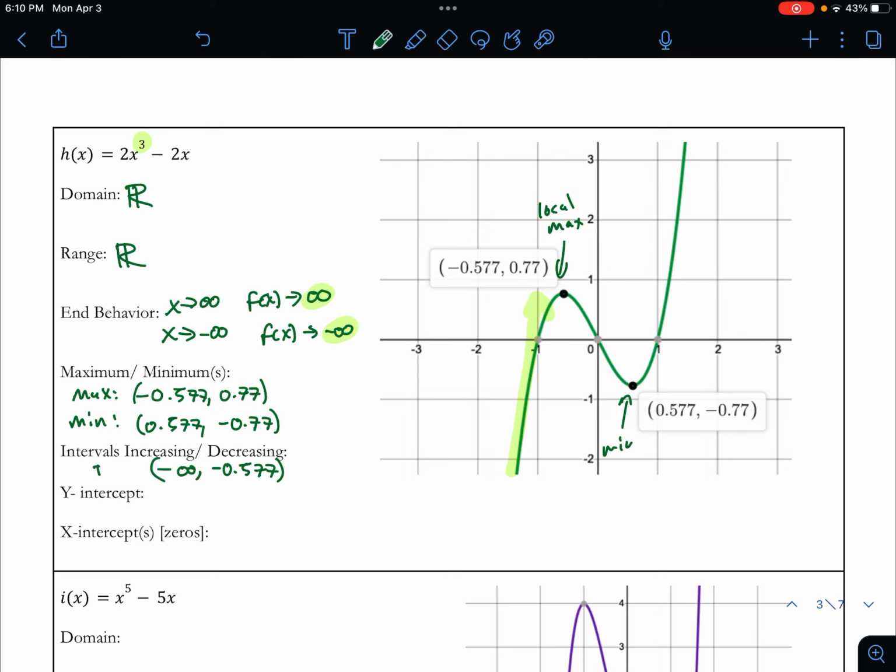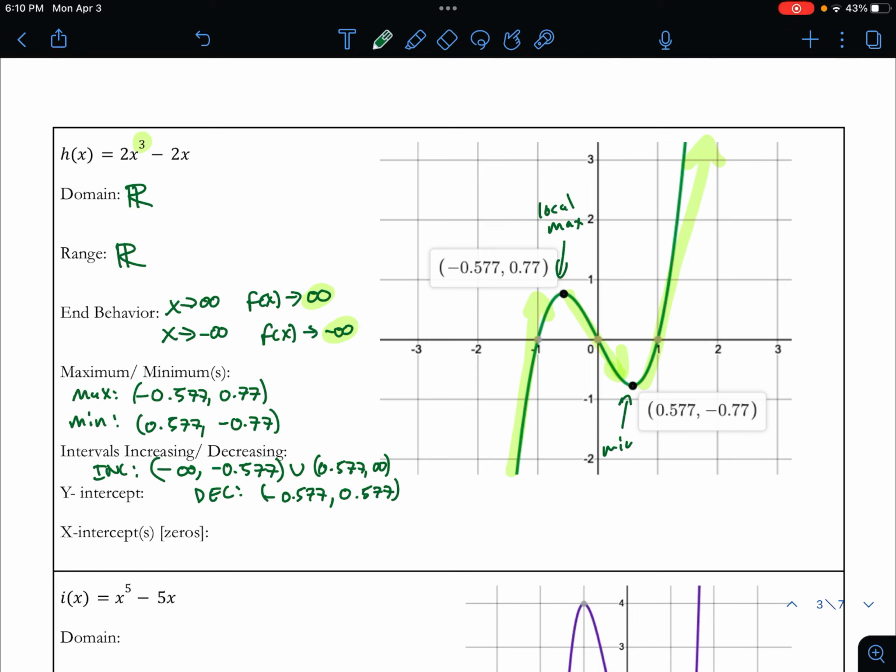We are increasing. We can also see that we are increasing on this interval here. So we can say from 0.577 to infinity. Describe the x's. Then we are decreasing in between. So we can say we are decreasing from negative 0.577 to positive 0.577.